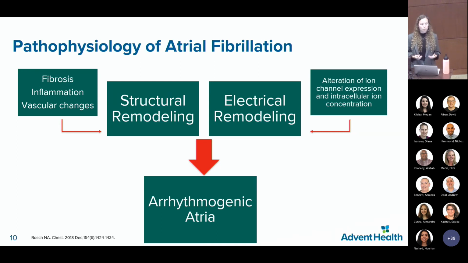These things lead to structural remodeling of the atria. Electrical remodeling can occur from persistent tachycardia, which can cause increases in intracellular calcium levels. Other alterations, such as changes in ionized calcium or ionized sodium concentration, can lead to alterations in signaling conduction. Both electrical and structural remodeling contribute to the formation of this arrhythmogenic atria.